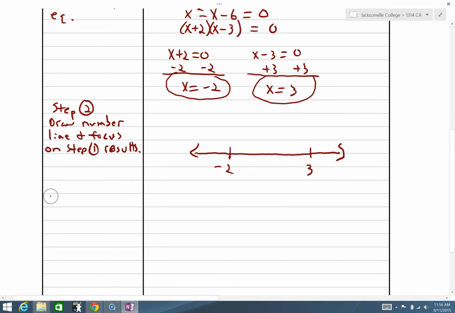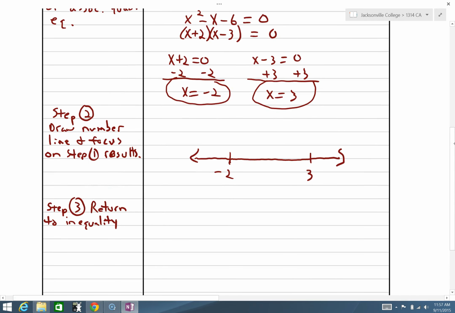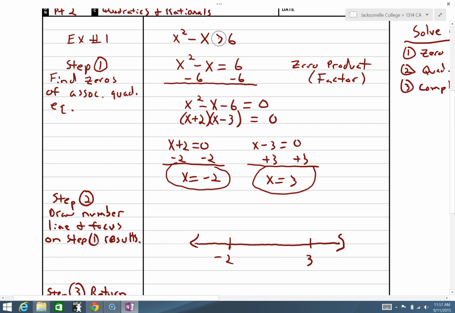Step 3. Return to inequality. All right, so I previously went from writing this as an inequality to an equation so I could find these zeros.